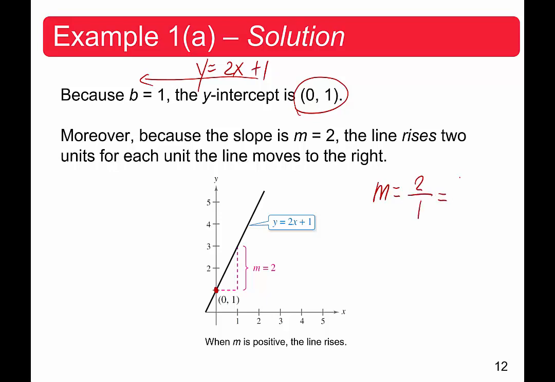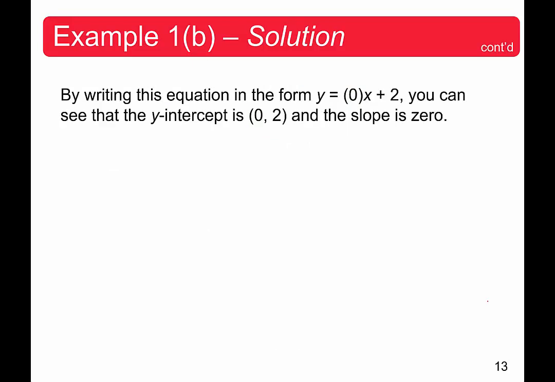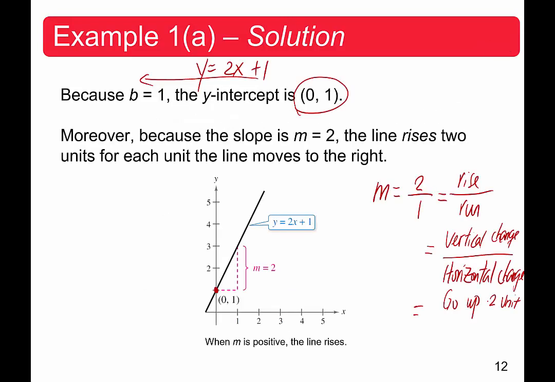Slope represents rise over run. We also say vertical change over horizontal change. So positive 2 on top means we will go up 2 units, and the positive 1 in the denominator indicates we'll go to the right 1 unit.